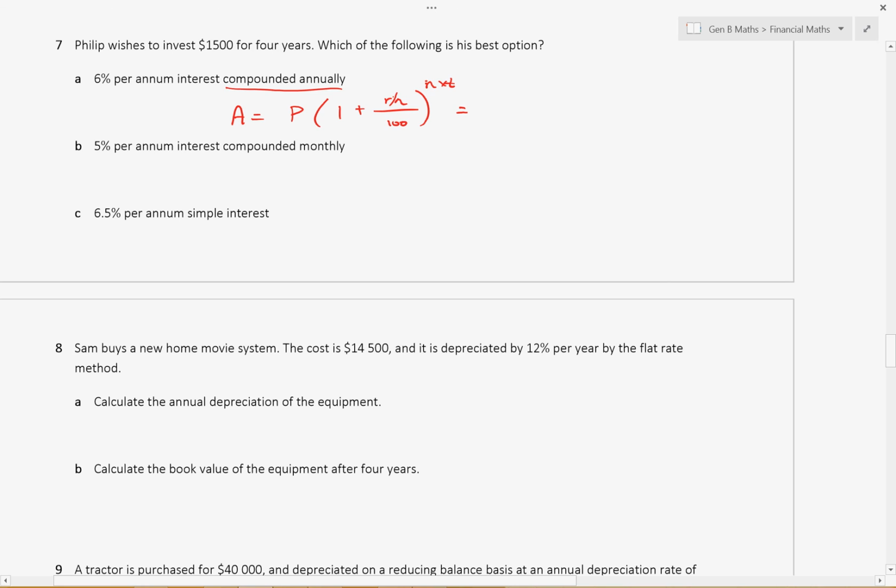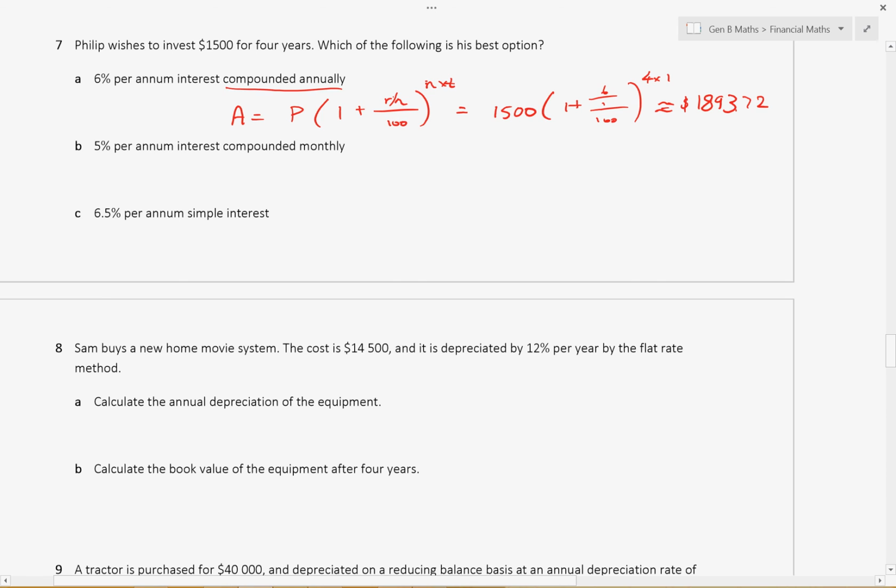So you should have had this, and it's 1 plus 6 over 1 over 100, and it's how many years? 4 years times 1. Now that was approximately equal to $1,893.72.